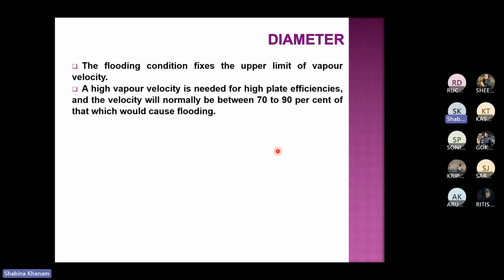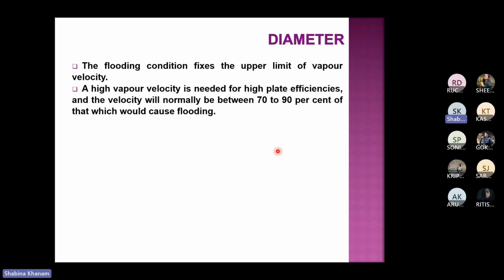And secondly, a high vapor velocity is needed for high plate efficiency, and velocity will normally be between 70 to 90% of that at which flooding will occur. Because obviously when I am having the flooding condition at maximum flow rate, the operating flow rate should be lesser than that value at which flooding will occur.